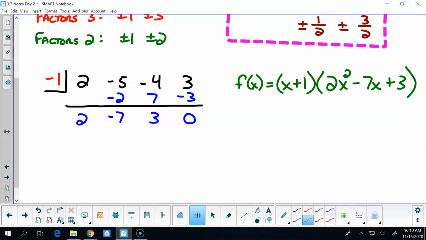Is that factorable? Yeah? -6x, -x gets me -7x, plus 3, 2x. Yep.